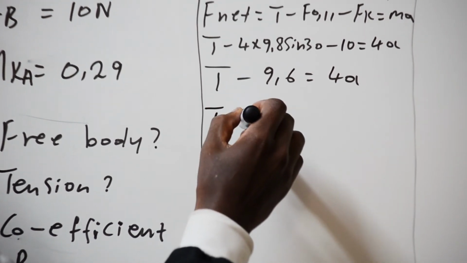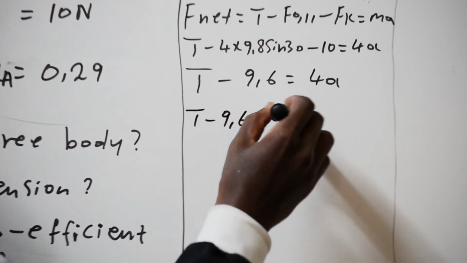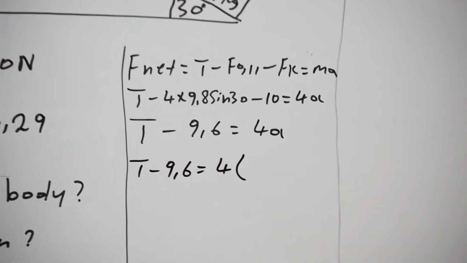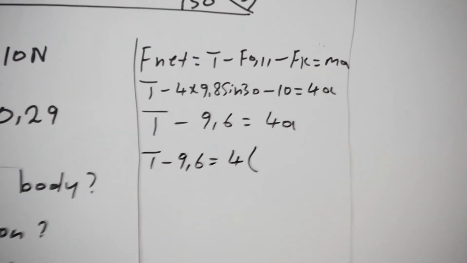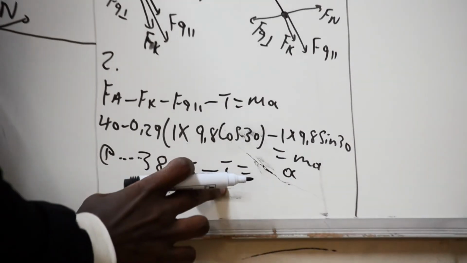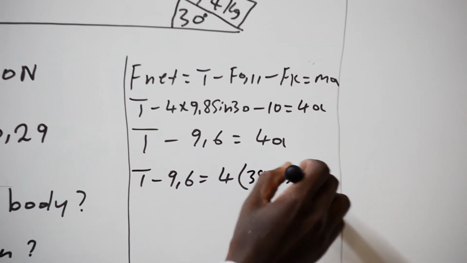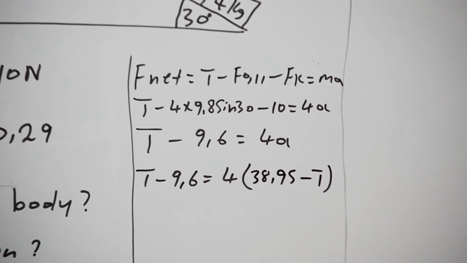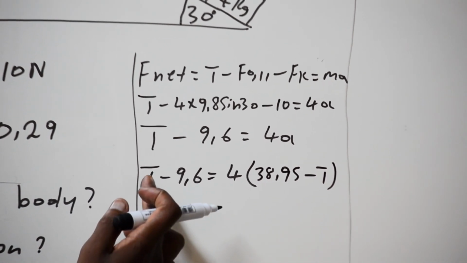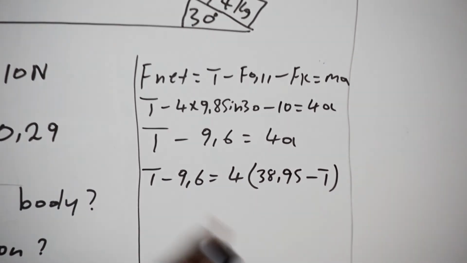We have A here, which is 38.95 minus T. So in place of A, we'll have 38.95 minus tension. So now you see you have one unknown, tension.